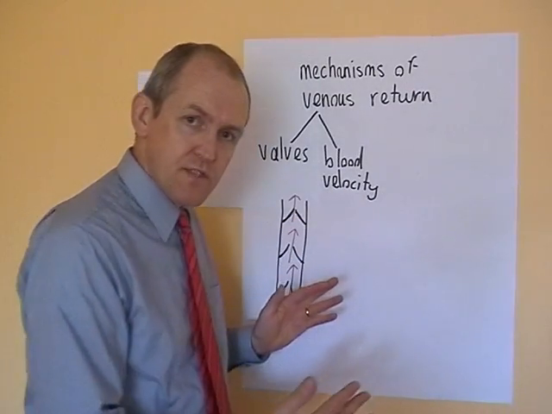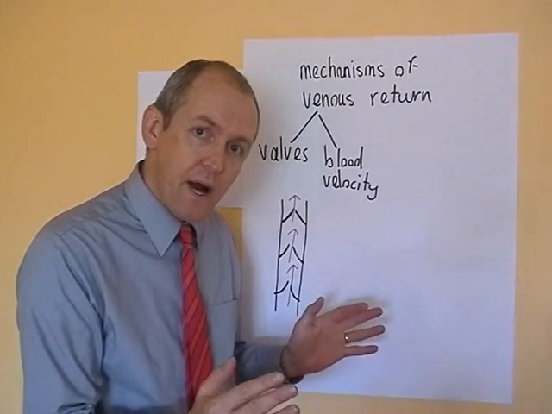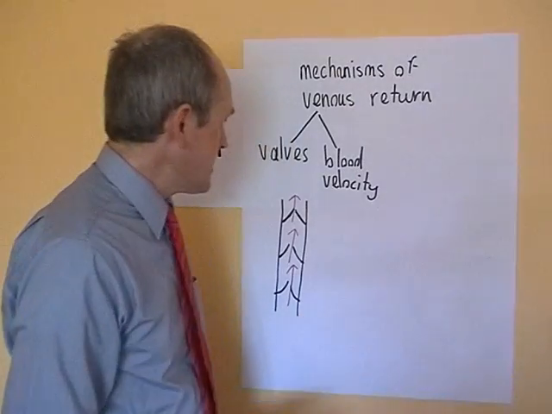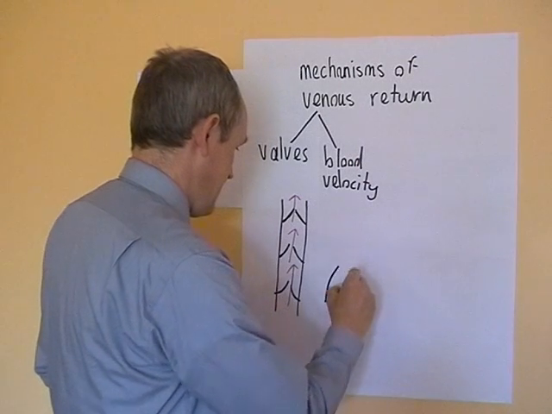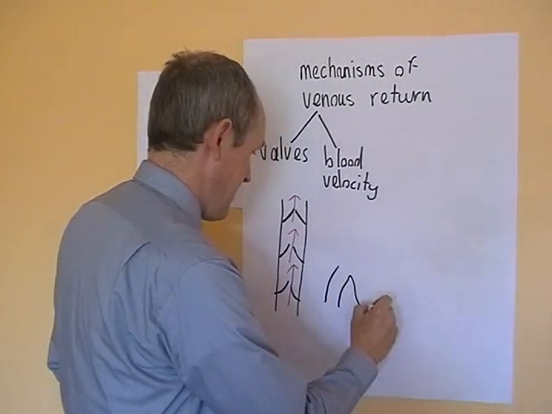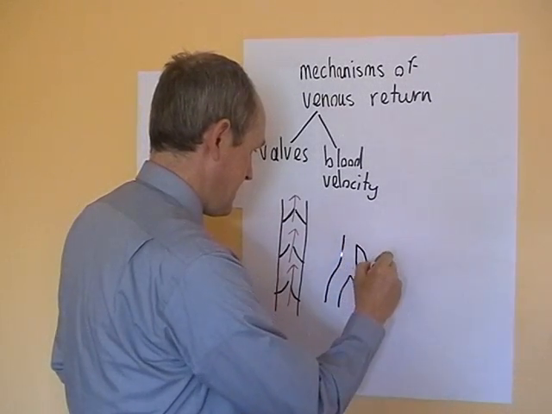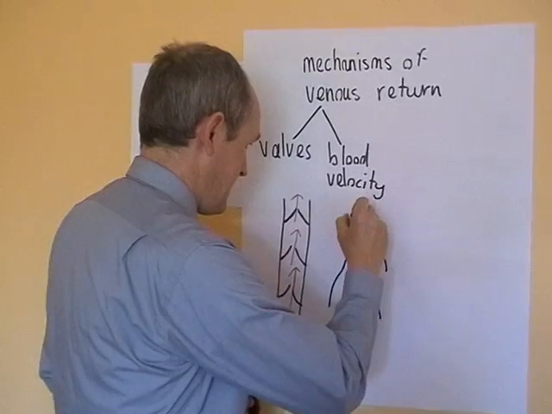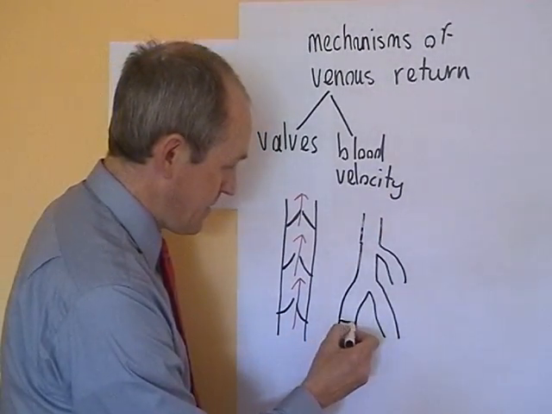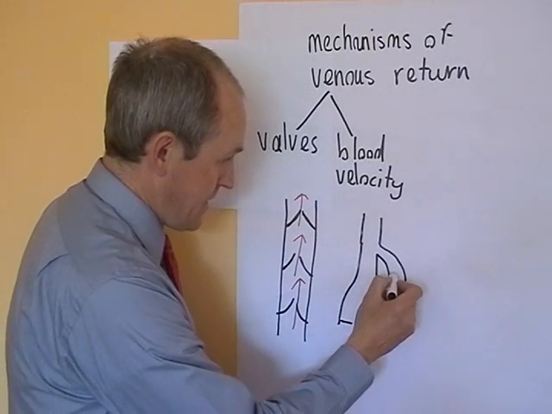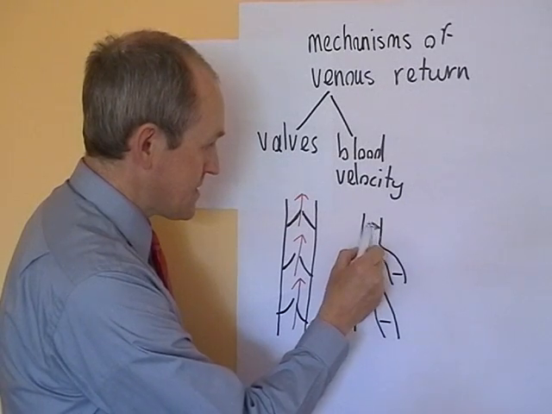If you take all of the small veins and add together their lumens, you actually get quite a wide lumen. But as it comes back towards the heart, so we have several veins here with a particular lumen, and as it gets back towards the heart, the vein is wide, of course, but if you add that lumen up, and that lumen up, and that lumen up, collectively they're going to be much greater than that lumen there.